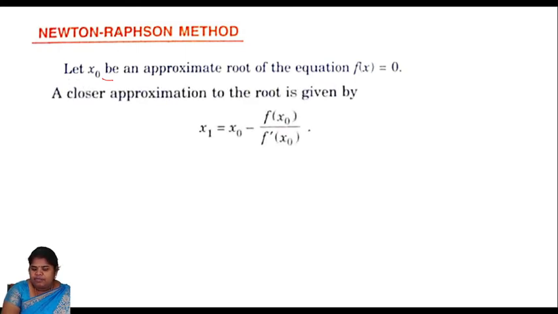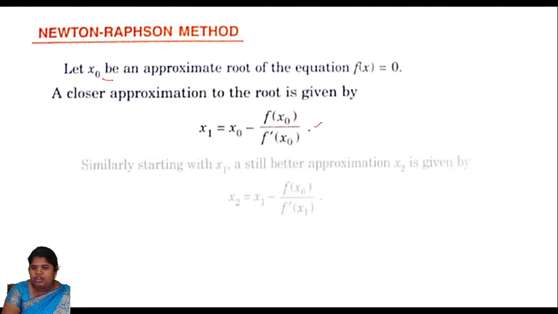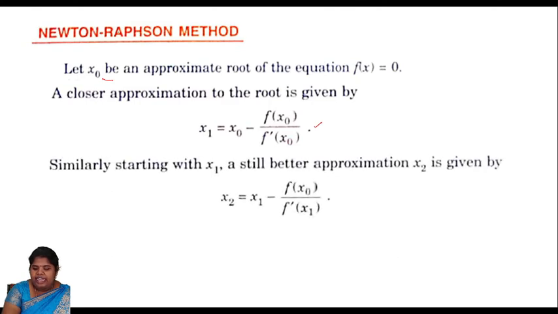And if we substitute the value in this expression, x1 equal to x naught minus f of x naught by f dash of x naught, we get x1. Now substitute x1 again in this expression, that is x2 equal to x1 minus f of x1 by f dash of x1. The given equation is f of x equal to 0.